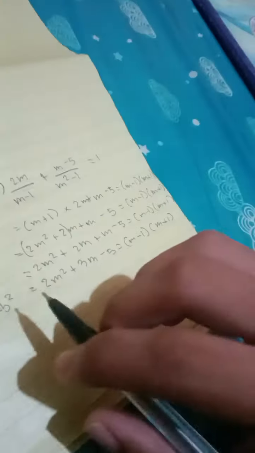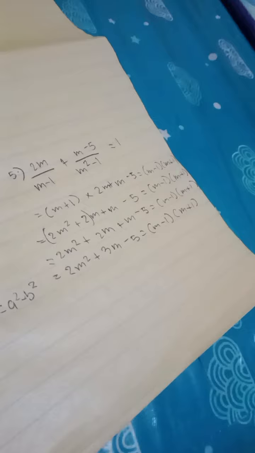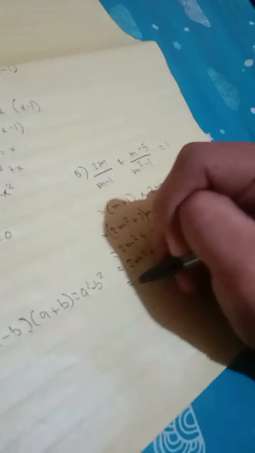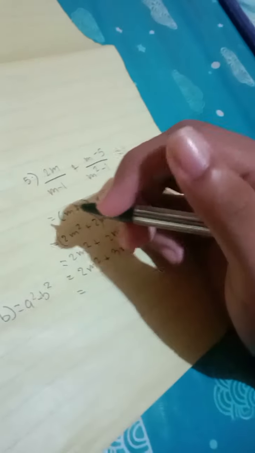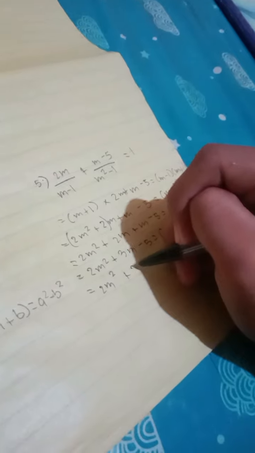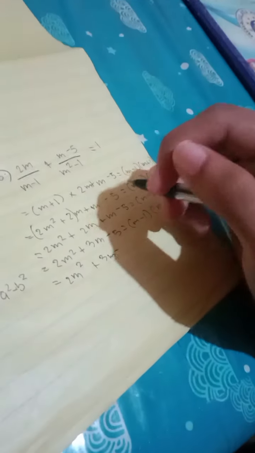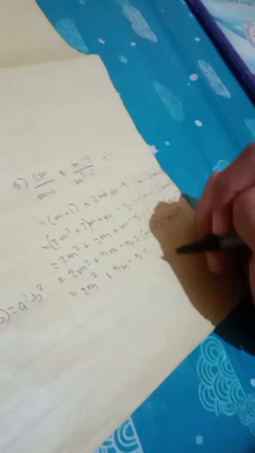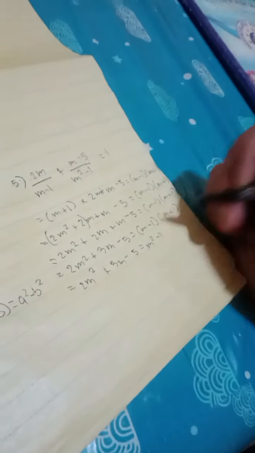So by using this rule, we can transform the value to this: 2m squared plus 3m negative 5 equals 2m squared negative 1.